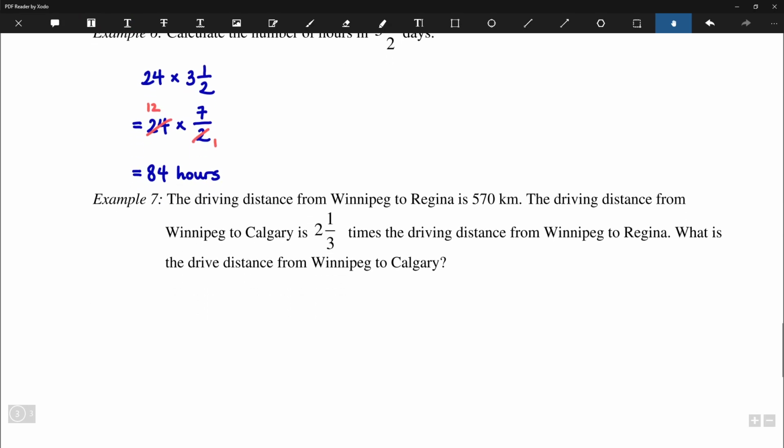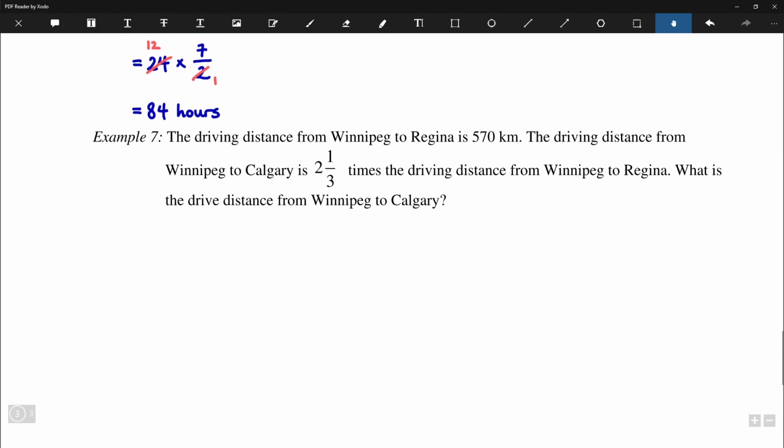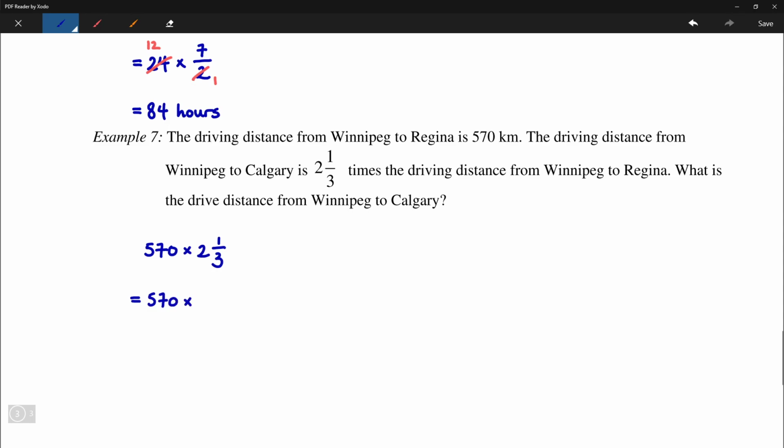Okay. One more. Driving distance from Winnipeg to Regina is 570 kilometers. Driving distance from Winnipeg to Calgary is 2 1/3 times the driving distance. What is that distance? All right, so very similar to the last example, we have 570 times 2 1/3. So we are going to rewrite 2 1/3 as an improper fraction.